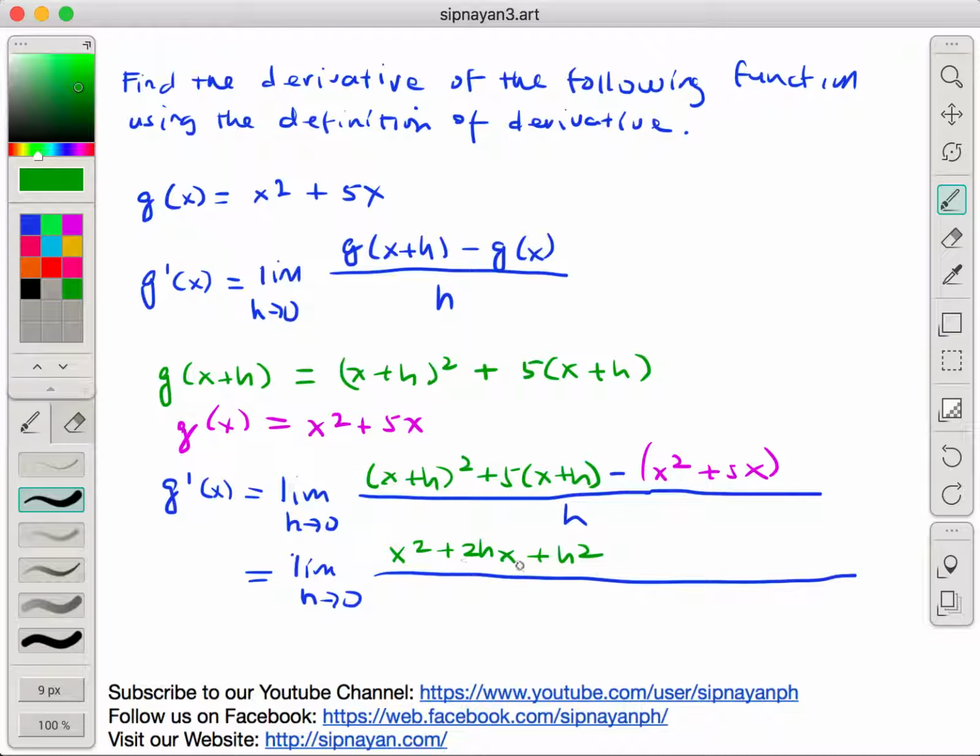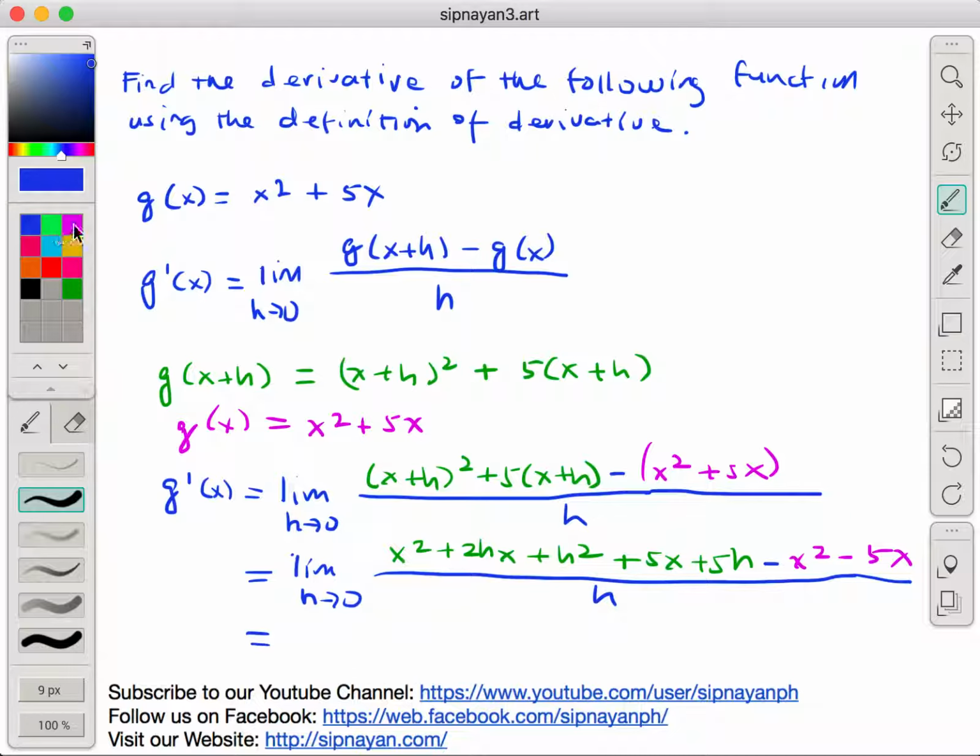Then plus, distributing, 5x plus 5h, and then minus x squared minus 5x. So the sign changes, right? You remember that from your algebra. You have to review that. And then over h.